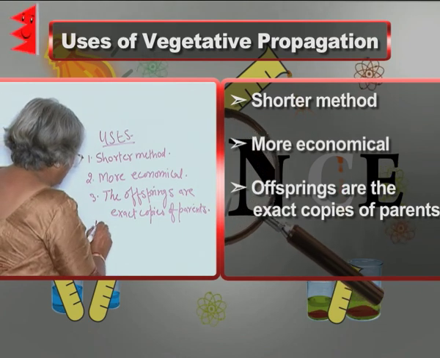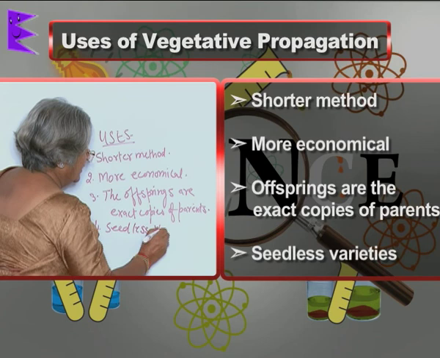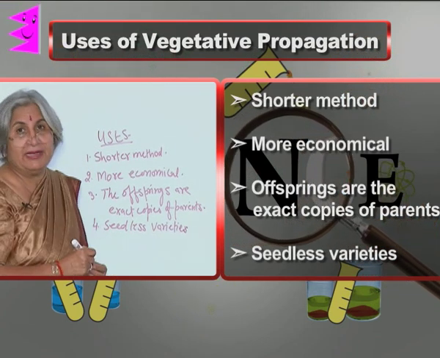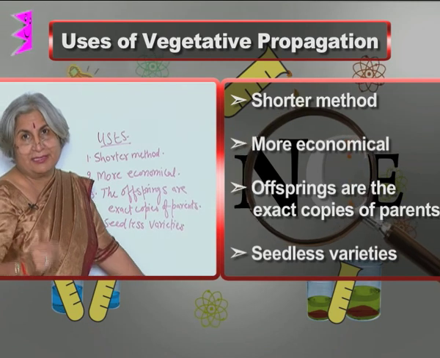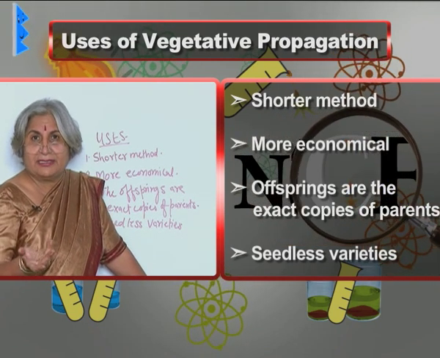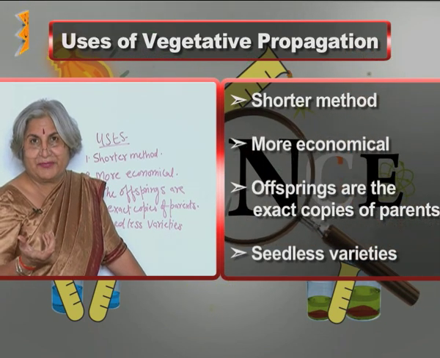Fourthly, we can also go for seedless varieties. You know, there are some fruits which we enjoy more when they are without seeds, like say in the case of banana. In fact, nobody has eaten a banana with seeds for many centuries.